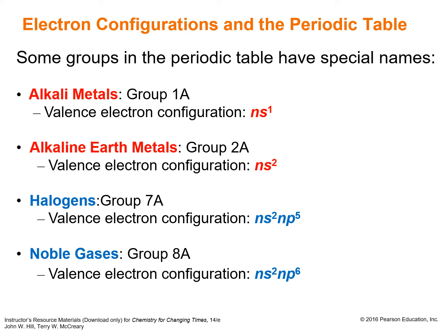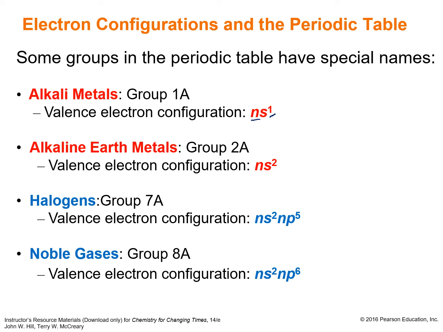which are also referred to as group 1A, and the valence electron configuration in this group is ns1. The n can keep changing; it can be 1, 2, 3, 4, 5, 6, 7. But this outer electron, 1, is characteristic of this group, and that's why all the elements in this group have 1 valence electron.